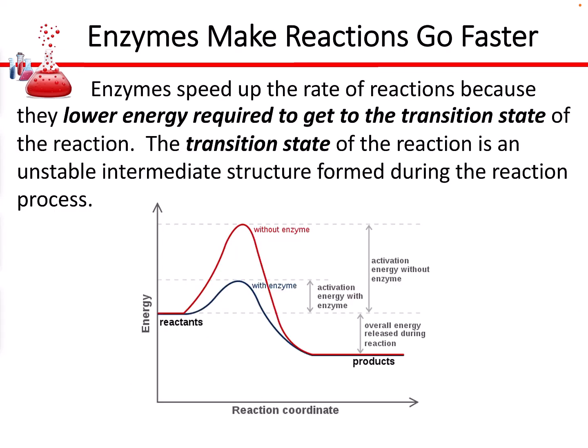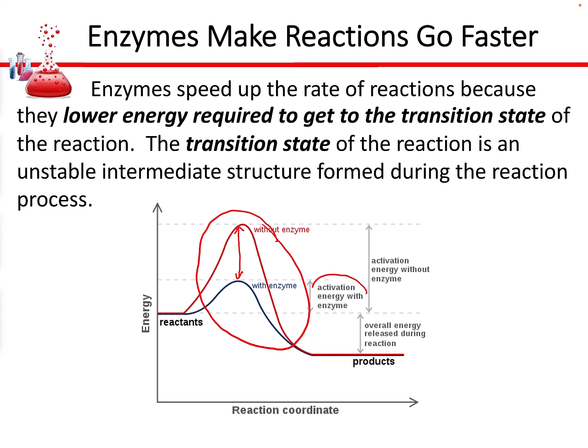So enzymes can speed up the rate of a reaction because they lower the energy required to get to the transition state of the reaction. That's this middle place in between the reactants and the products where the chemical reaction is actually occurring between the substrates to form the products. Without the enzyme, the hurdle to get over, or that mountain that this reaction has to climb, is greater.